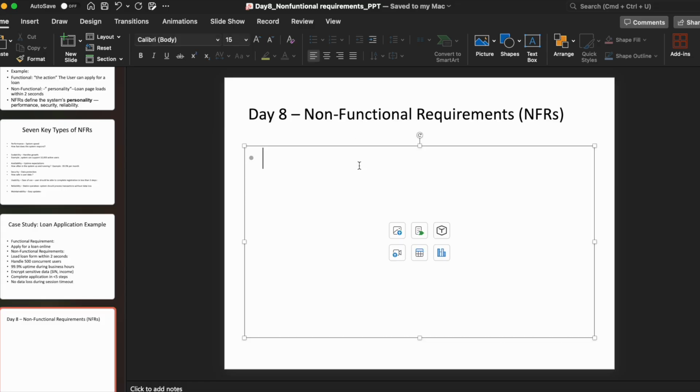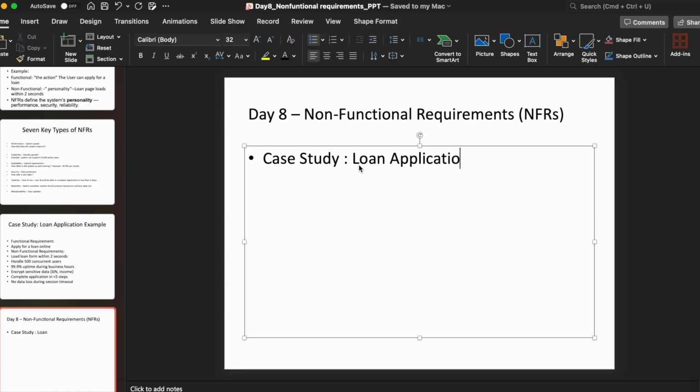So our case study, next one. Case study, we are going to take the same example, our loan application. Okay. So functional requirement.